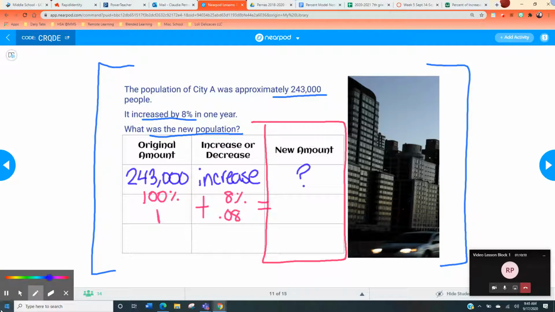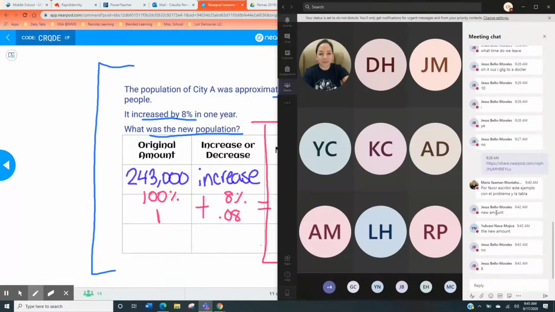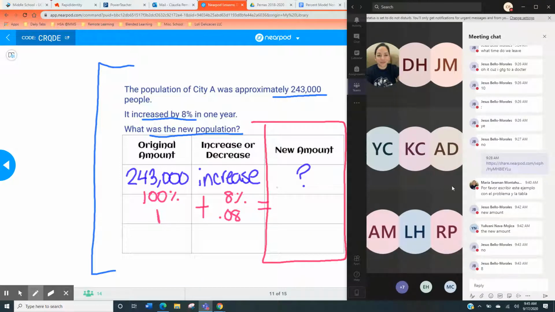So now I'm going to put them together. Now get ready for me to call your name. Let's see. Who's paying attention today? Jesus, and you can type it in if you want. That's fine. I'm going to move it over a little bit. So, what is 100% plus 8%?